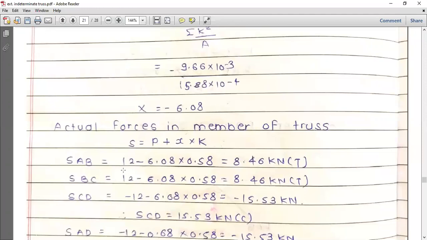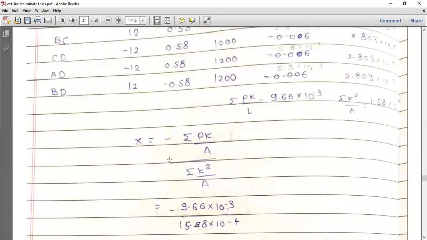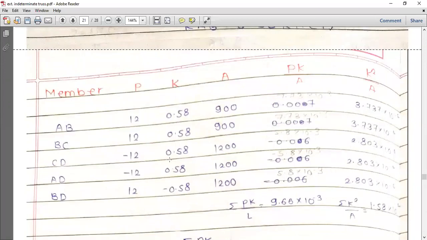So here I have written these P forces. Come to this table. How to find the force in member AB?